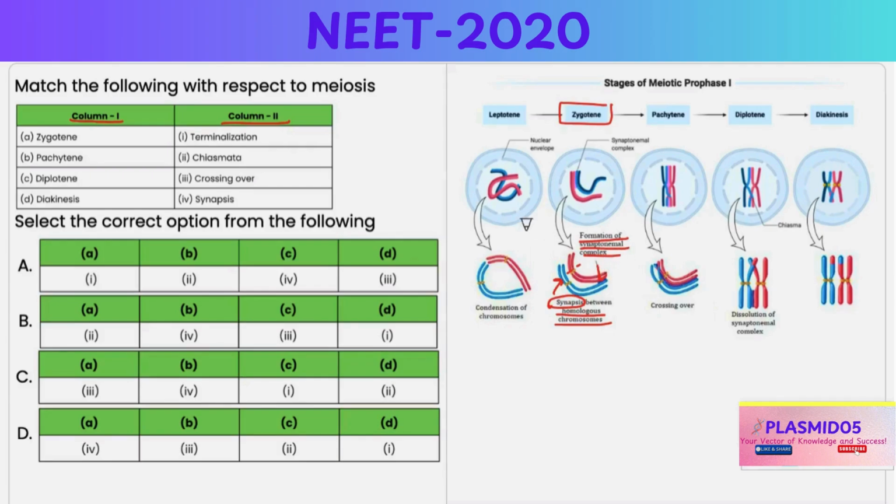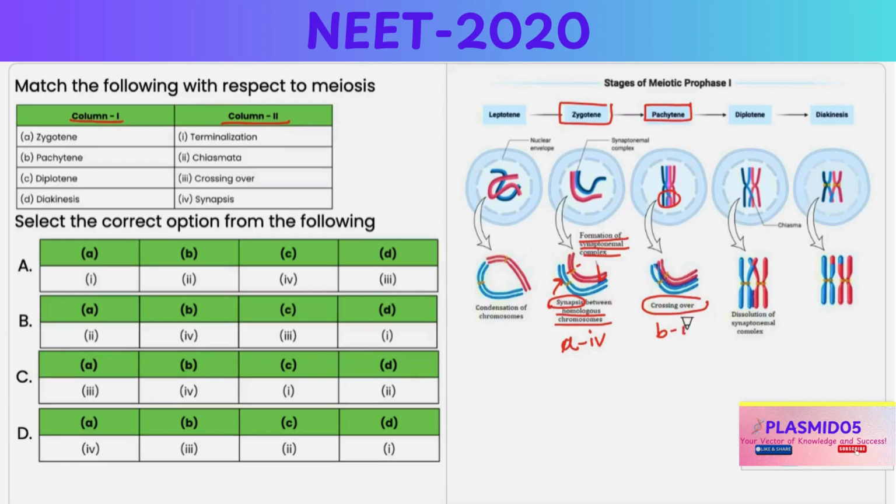Thus, A matches with 4. Now, in the pachytene stage, crossing over or genetic recombination takes place that involves the exchange of genetic material between non-sister chromatids of homologous chromosomes. And this process results in the formation of chiasmata, which are visible points of contact between the paired chromosomes. Thus, B matches with 3.